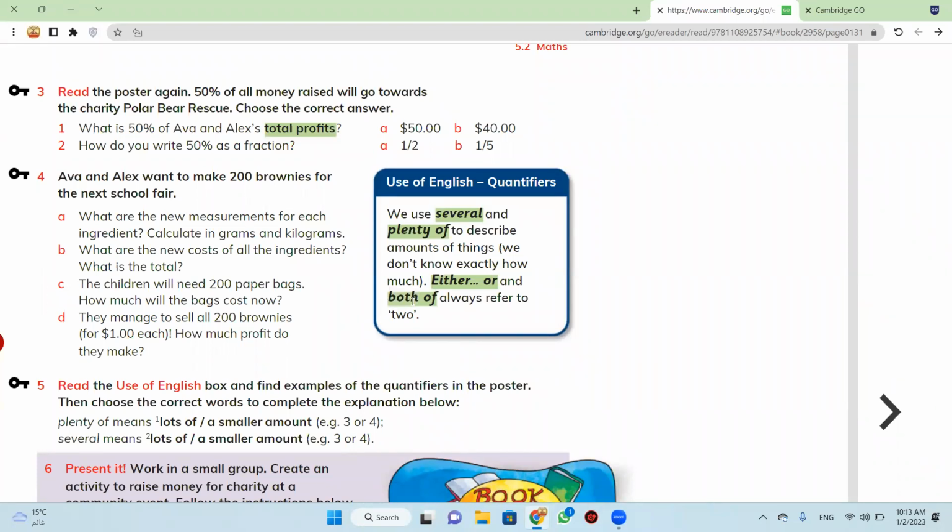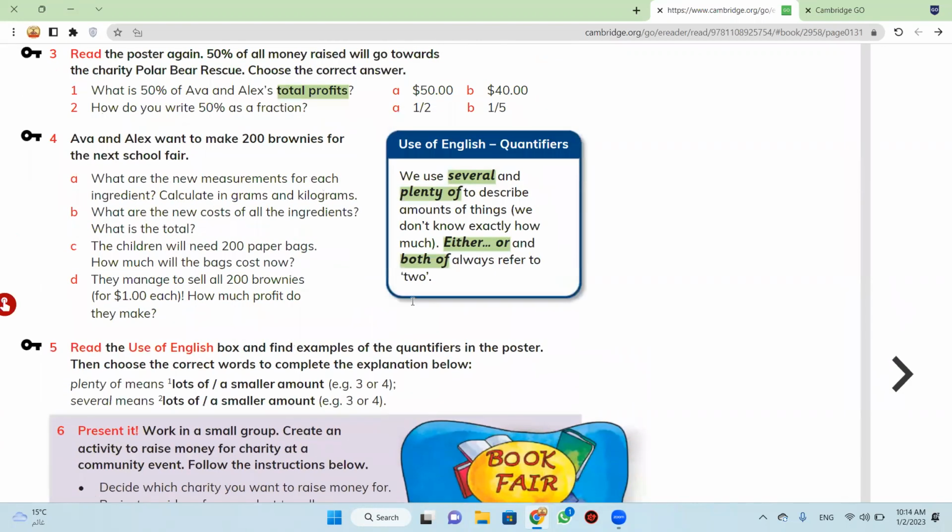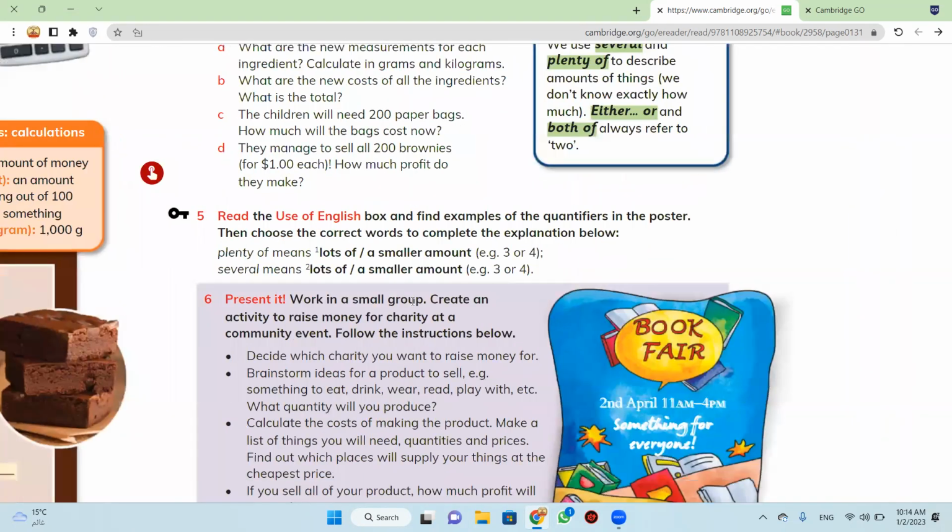If I say both, then two things, right? If I say either, then one of the two things. If I say plenty, it's an amount. Several is an amount. How can we differ? Plenty could be for non-countable nouns, while several for countable nouns.